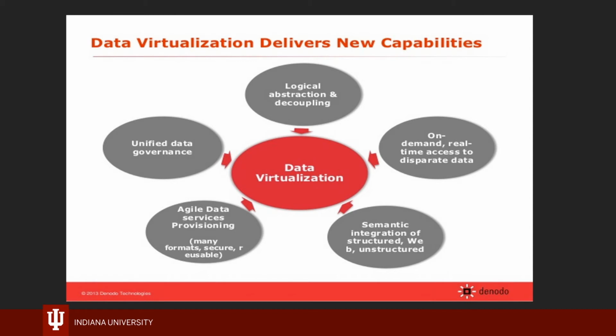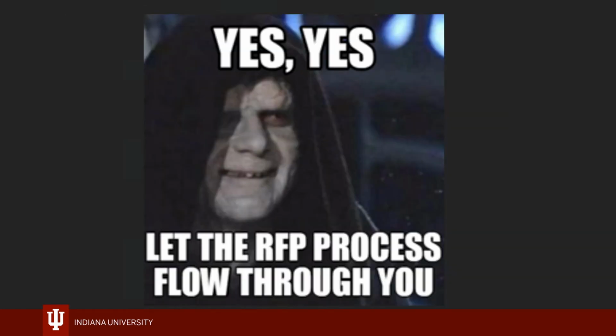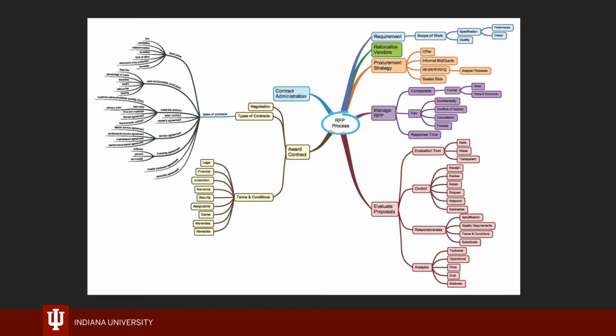Its whole goal in life, at least one of the primary use cases, is Agile data development, right? And I was introduced to this notion of a logical data warehouse. So we went through the process of looking at different data virtualization vendors. And if you've ever had to do that within higher ed or anywhere, the flow chart for that actually looks something like this.